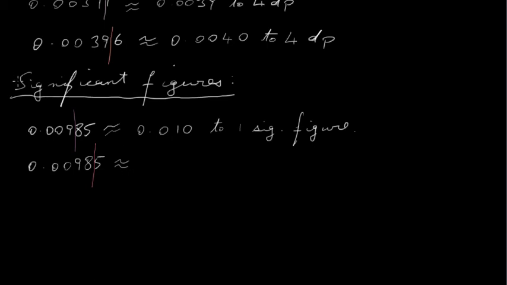Now, what you need to do is look at this number 8 and then look at the number on the other side of the line. The number on the other side of the line is 5. So that's a 5, 6, 7, 8, or 9, which means this 8 rounds up to 9. So we get 0.0099. This is to two significant figures.